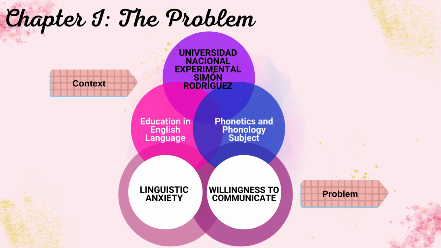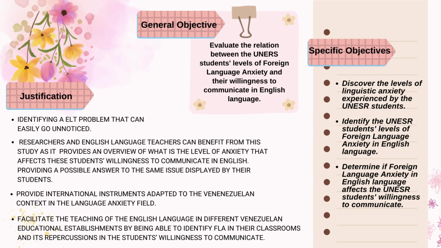And in this sense, we have then arrived at the general objective of this research, which will be to evaluate the relationship between the UNER students' levels of foreign language anxiety and their willingness to communicate in English language.